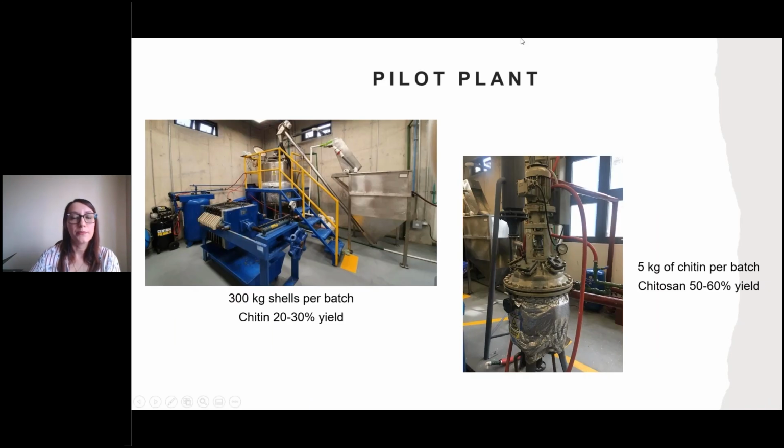This is our pilot plant. We can process about 300 shells per batch, and the yield is about 20 to 30%. For the case of chitin conversion to chitosan, the yield is about 50 to 60%, and per batch we can process about 5 kilograms.